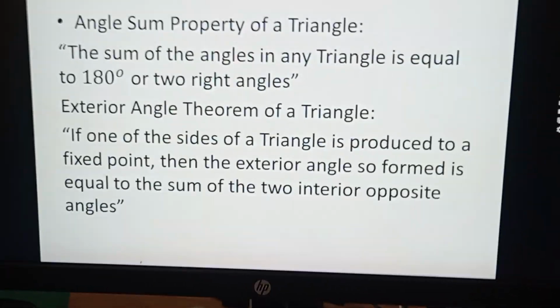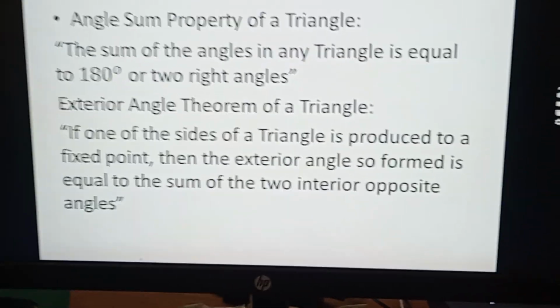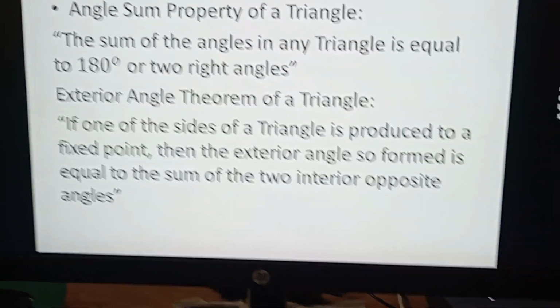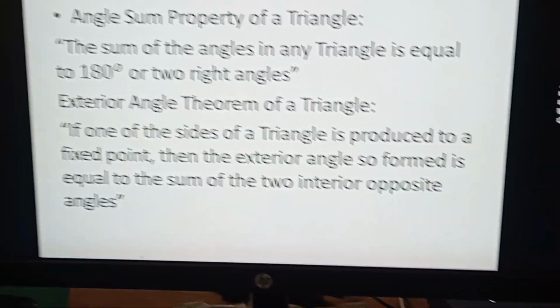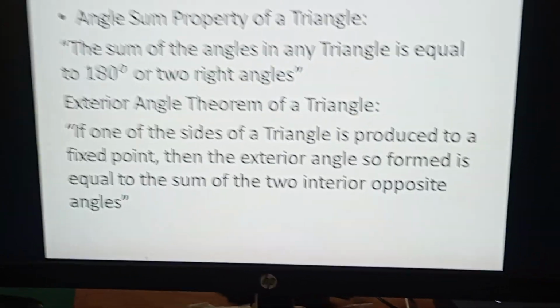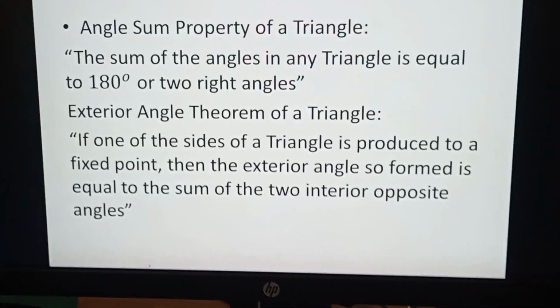Then we have the exterior angle theorem of a triangle. If one of the sides of a triangle is produced to a fixed point, then the exterior angle so formed is equal to the sum of the two interior opposite angles.